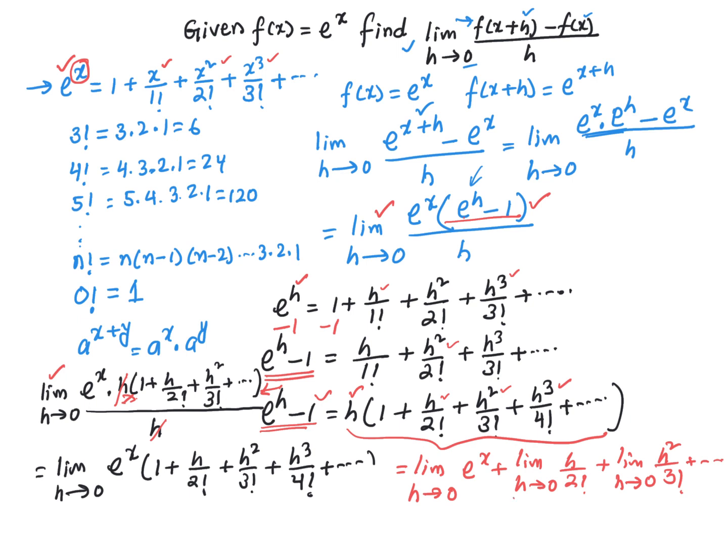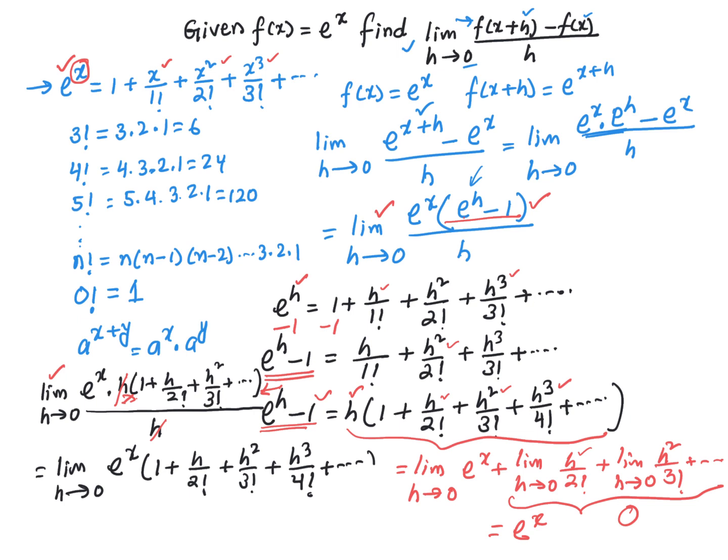Now look, all of these remaining terms are going to become 0 because of the presence of h. Doesn't matter what is in the denominator, so long as it's fixed, it's going to go to 0. Each of these terms is going to be 0, so the entire thing is 0. But the limit as h approaches 0 of e to the power x must be just e to the power x, because there is no dependence of e to the power x on h, so that's what it is.